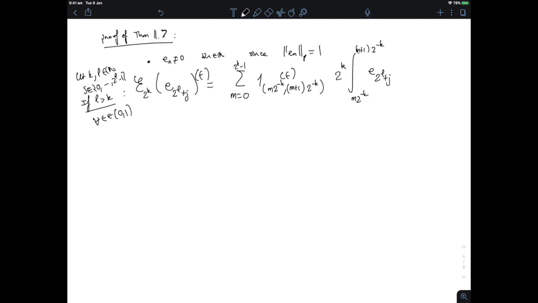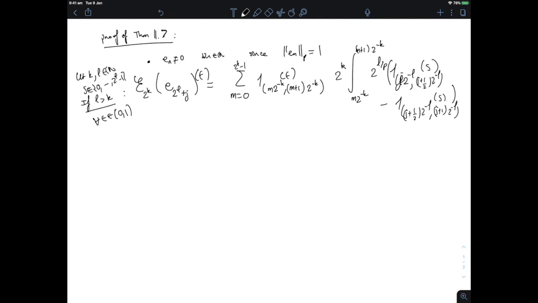Now, what is e_{2^l + j}? It is a difference of two indicator functions times 2^{l/p}. So the indicator function of j 2^{-l} till (j + 1/2) 2^{-l}, minus the indicator function of (j + 1/2) 2^{-l} till (j+1) 2^{-l}.